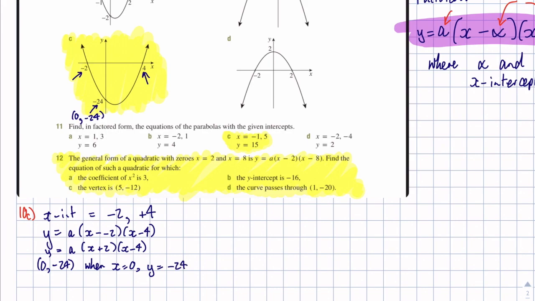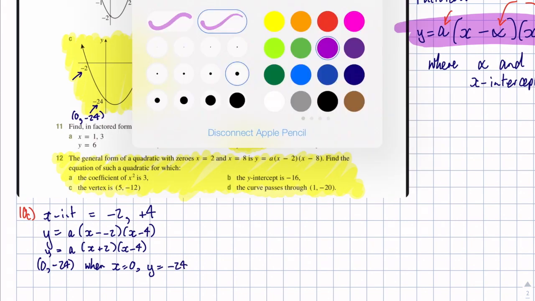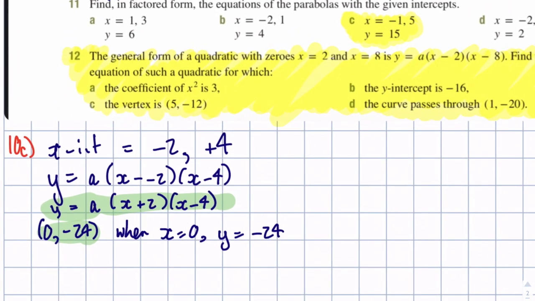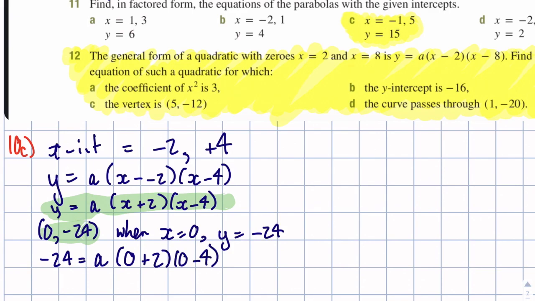When x equals 0, y equals -24. So we can substitute this point into our equation. We can say -24 equals a, which is what I'm trying to find, outside of (0 plus 2)(0 take 4). So -24 equals a times 2 times -4, which is -8.